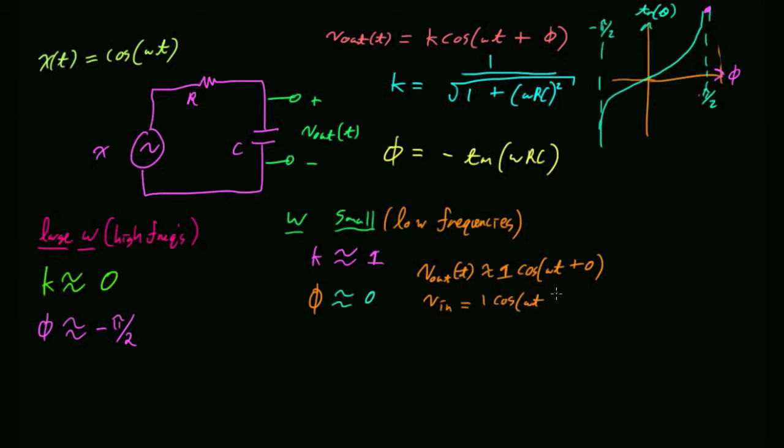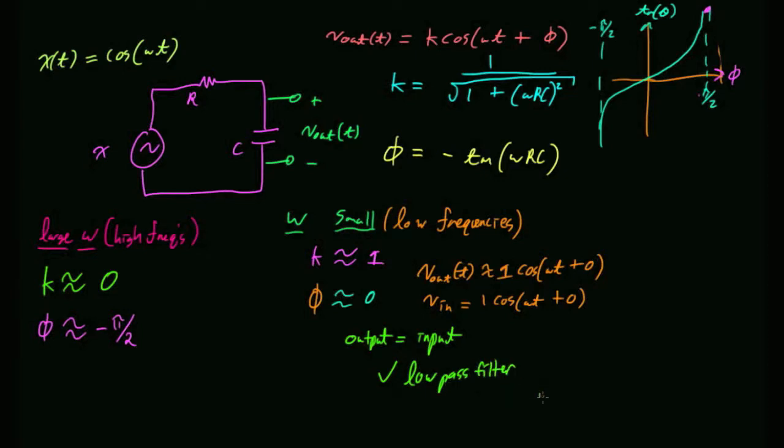So at low frequencies, what's the relationship between my output and my input? They're the same. You see how these are the same? So for low frequencies, output equals input. Does that sound like a low-pass filter to you? Cha-ching, low-pass filter, because low frequencies are passed.